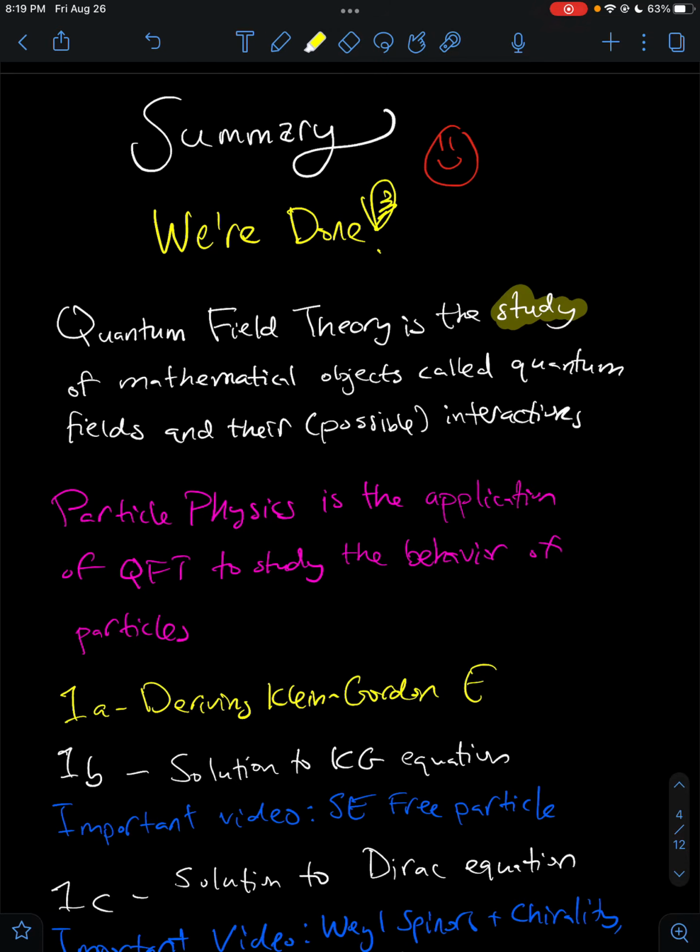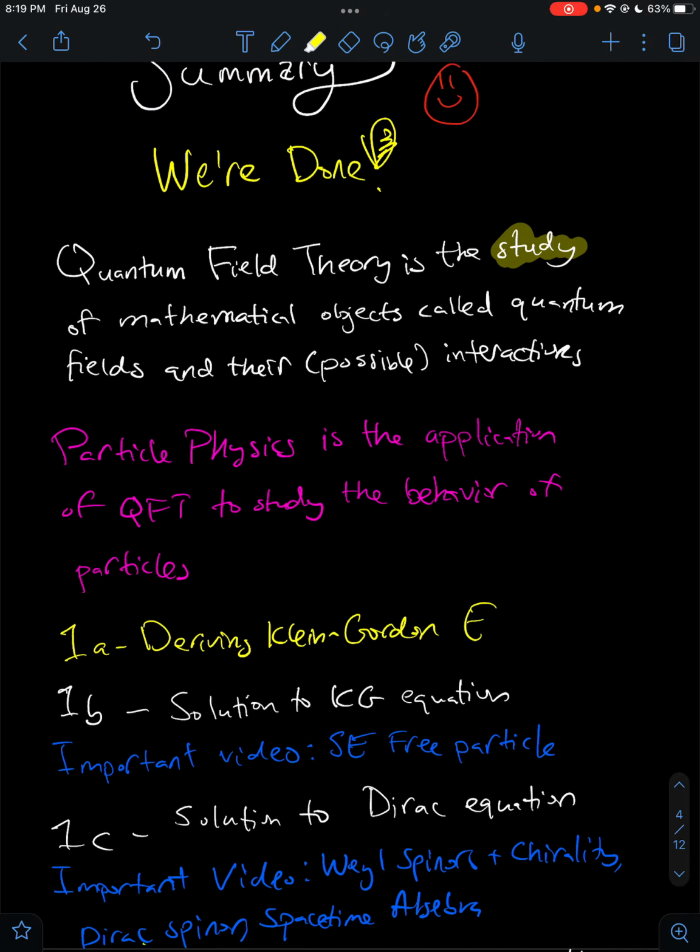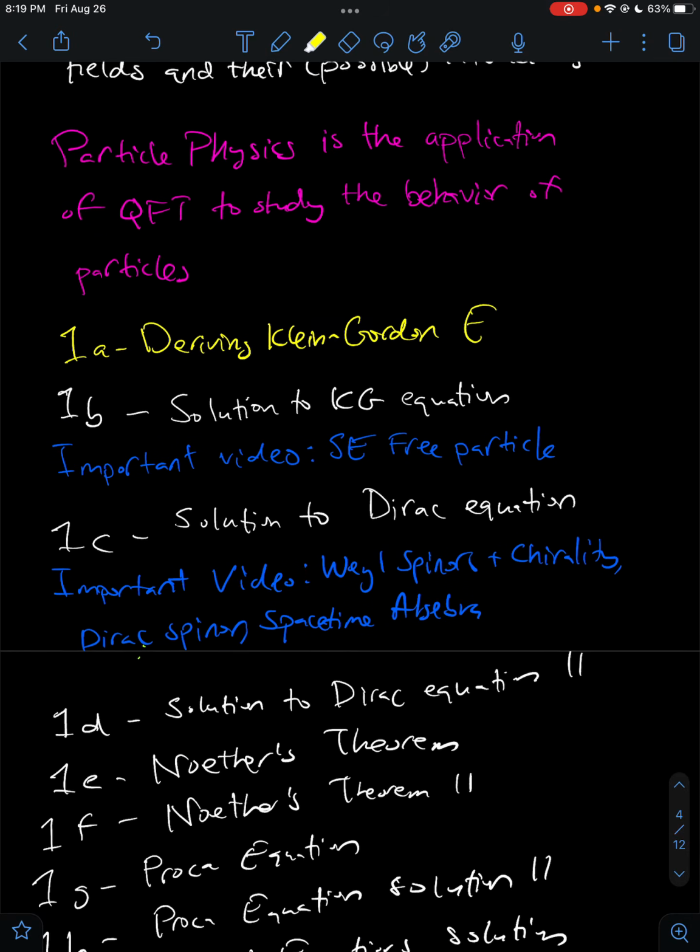But what's usually taught in schools is using quantum field theory to describe particle physics, because it's a very successful theory. So everything that we learned so far has direct applications to particle physics. To know particle physics, you have to study quantum field theory.